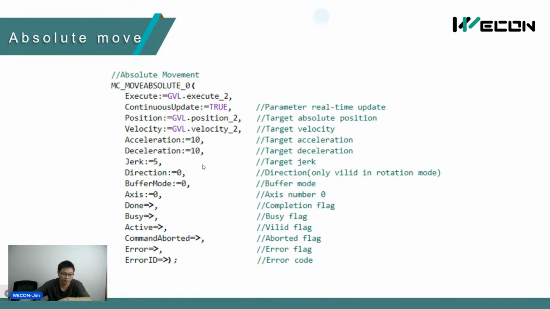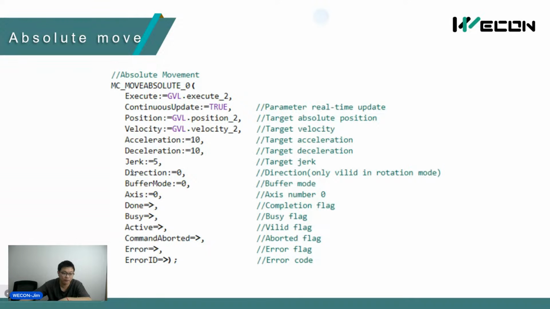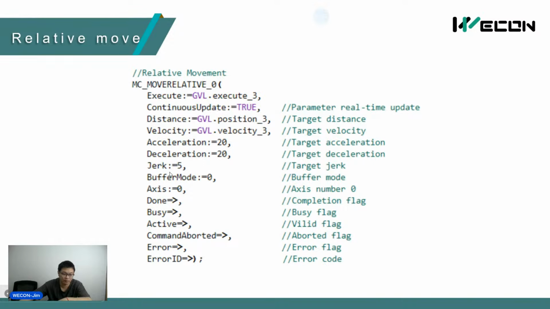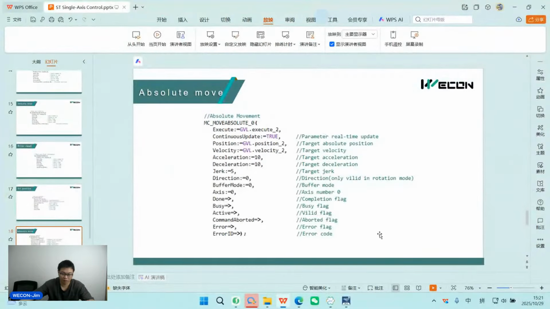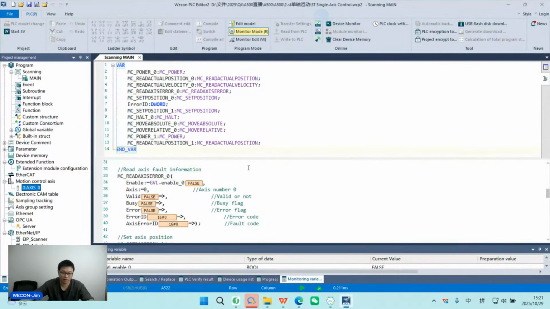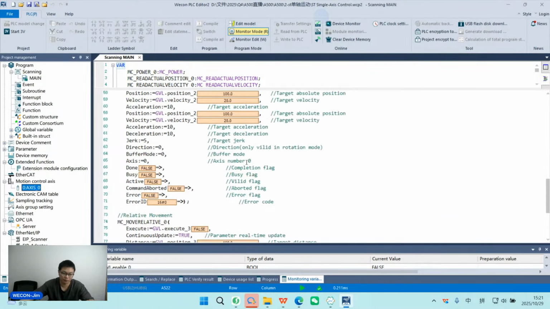The only difference is in relative mode, we don't have this direction. Other parameters are the same. So now I will connect the PLC and run this function block to show you how it works.